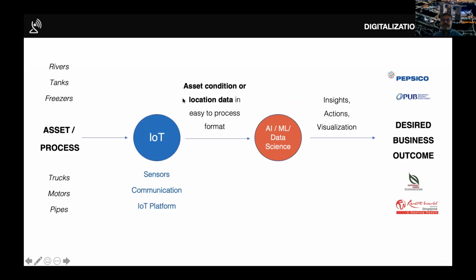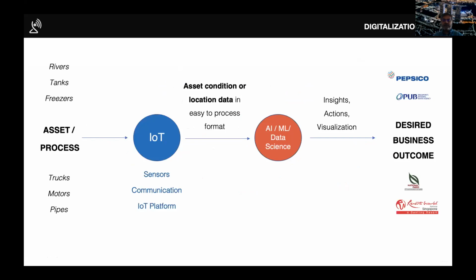So whenever you start your IoT or digitization project, you start with some desired business outcome, right? And typically on the very left-hand side, you have an asset or a process that you want to optimize using these technologies. And then it goes through a couple of steps. And we are going to focus on the first step, which is about getting data in the right format for you to process.